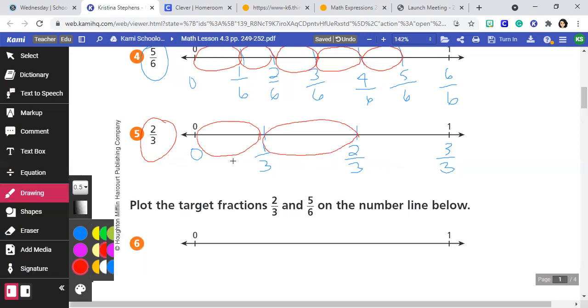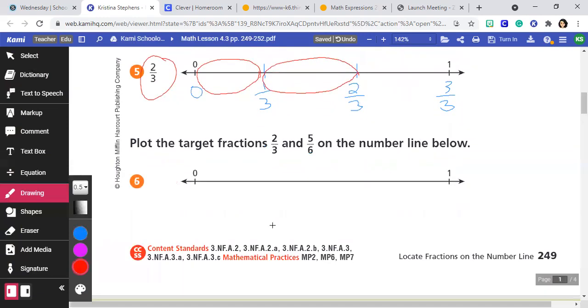Well done. Now let's move on and look at something a little more complicated. Number 6 wants us to plot the target fractions 2/3 and 5/6 on one number line, on this number line below.